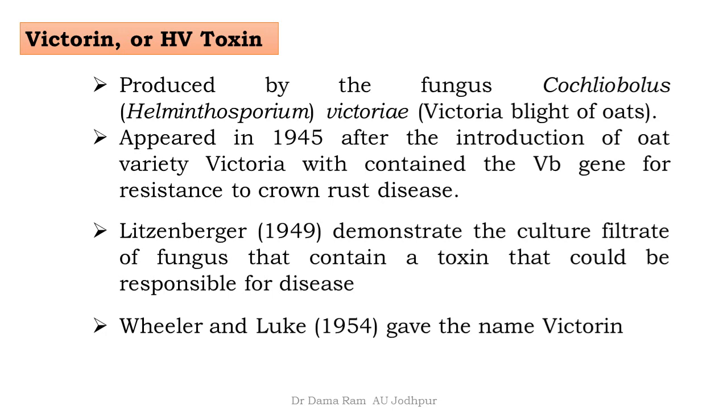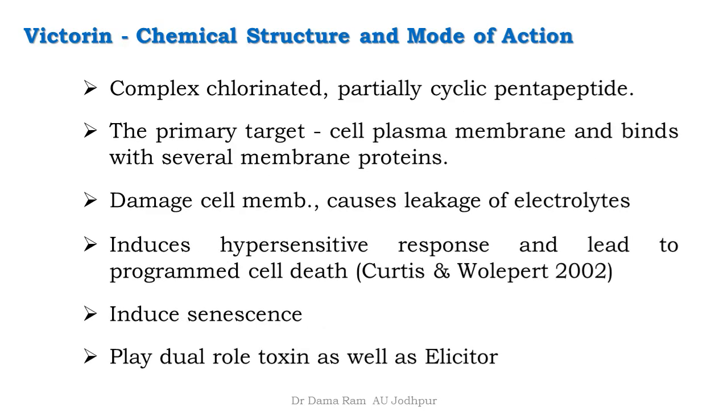Meehan and Murphy in 1947 demonstrated that the culture filtrate of the fungus contains a toxin that could be responsible for the disease. After that, Wheeler and Luke in 1954 gave the name victorin. Earlier it was called a pathotoxin, but now it is a host-selective toxin.